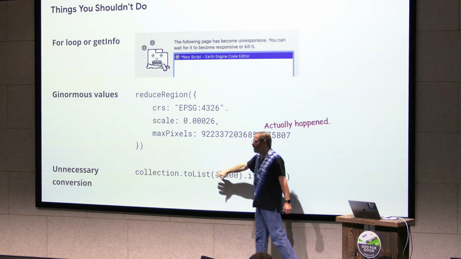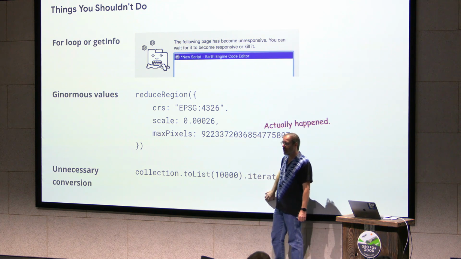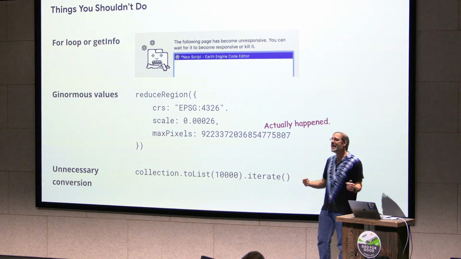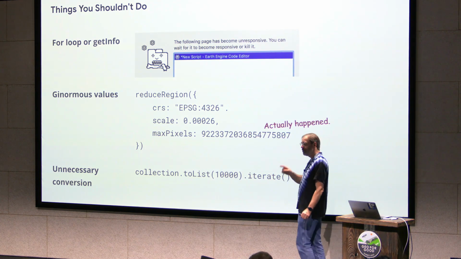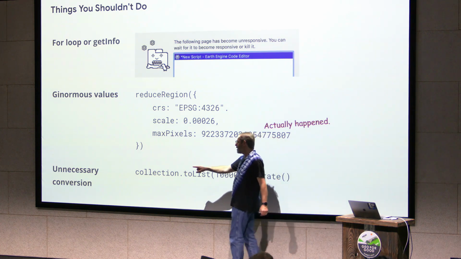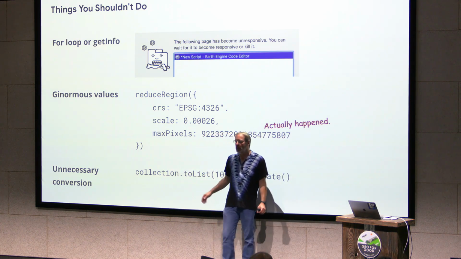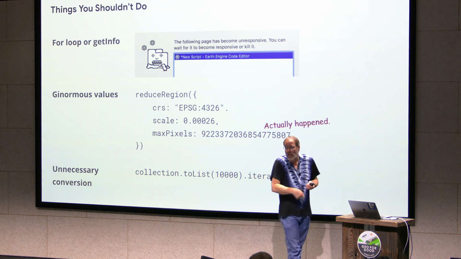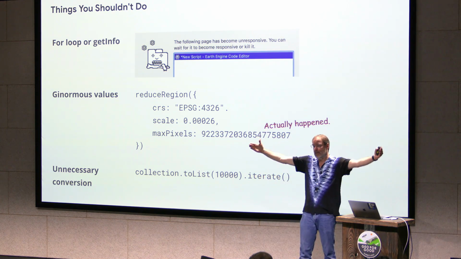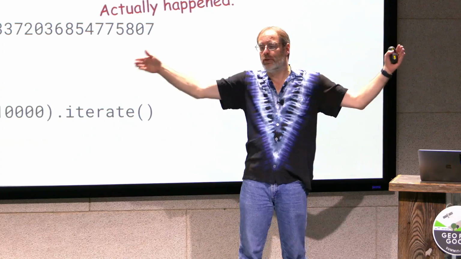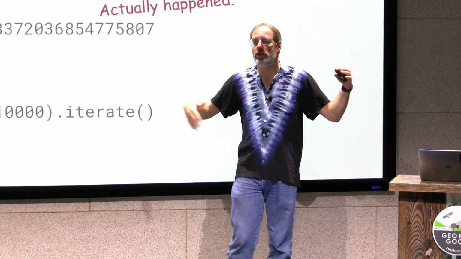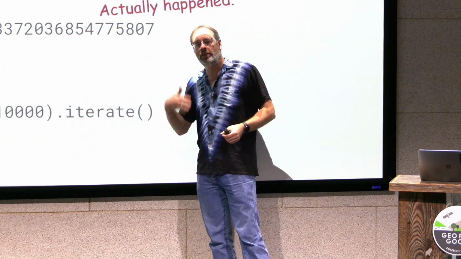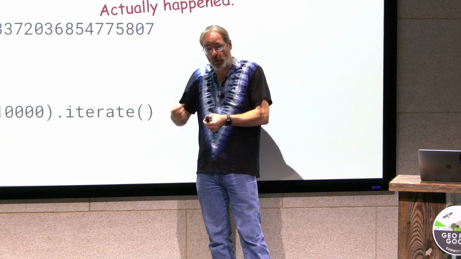Never, ever, ever convert to list unless you need to. You might think you need to. Try hard to not need to do it. Because when you take a collection and you convert it to a list, we immediately go get every element in that collection and materialize them in memory and make a list out of it, which breaks all of the streaming semantics built into Earth Engine, which is why you can process millions and millions of images, because we stream through them.